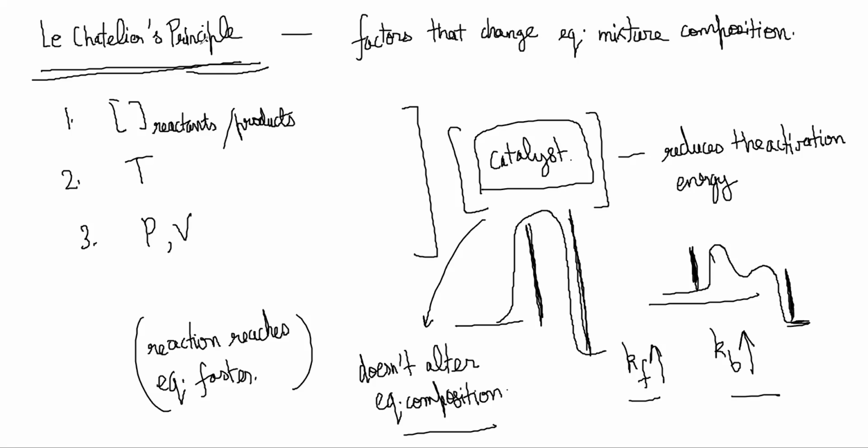And the reaction mixture will respond in such a way that it reduces the stress. Basically, whatever you do is like an external stress that you are imposing on the reaction mixture, and the reaction mixture will react in such a way that it reduces the effect of that external stress.